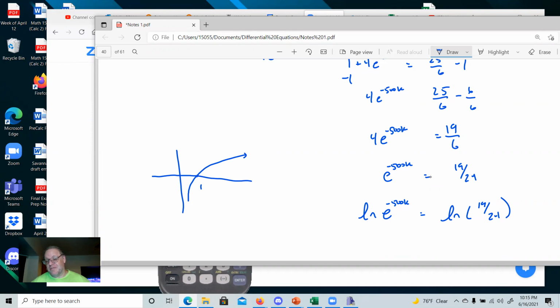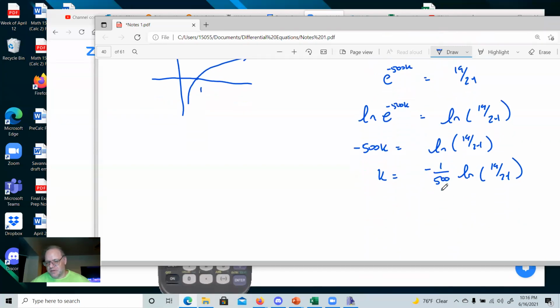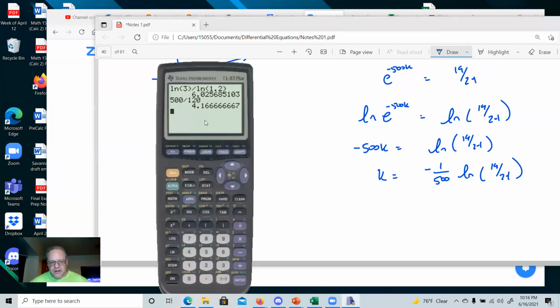So when I divide both sides by negative 500, we get k is equal to negative 1 over 500 ln 19 over 24, and that's pretty much what she just wrote there.